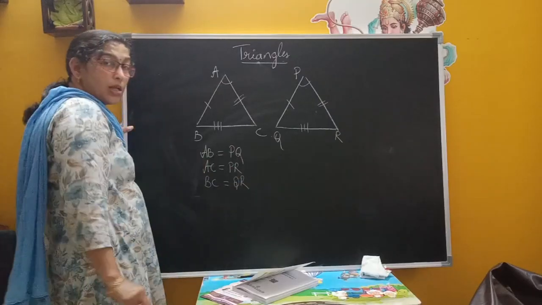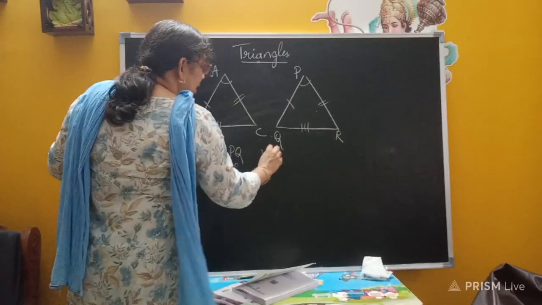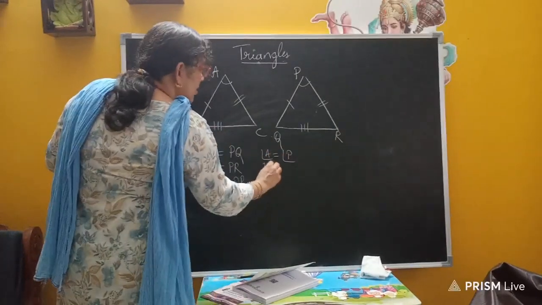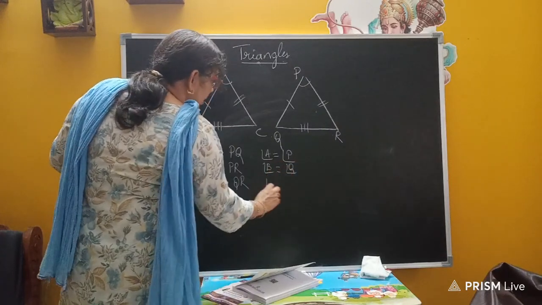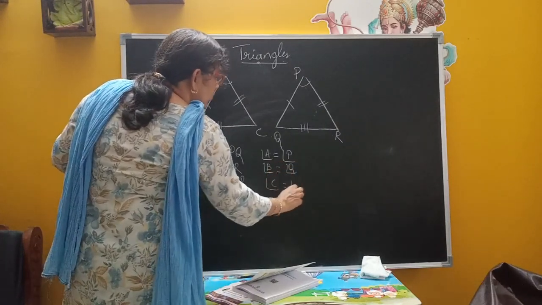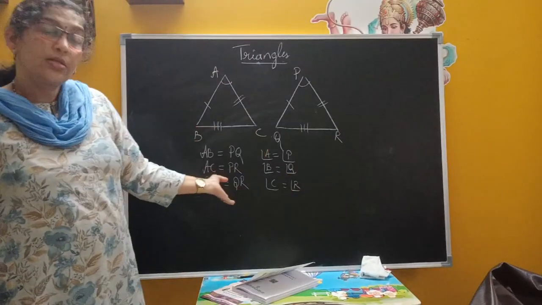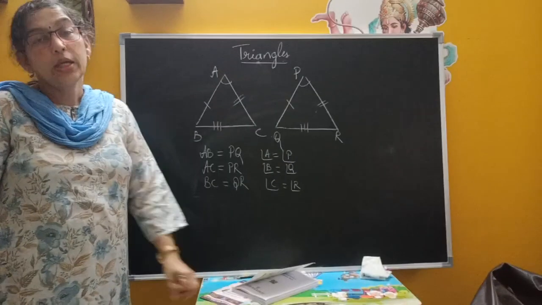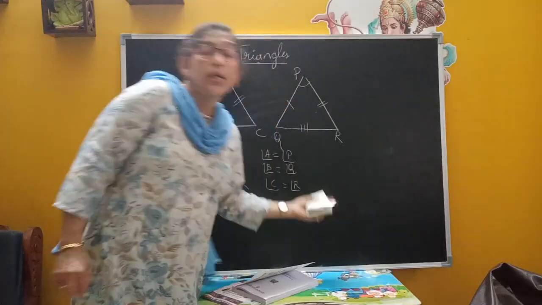And the other condition: the corresponding angles, angle A equals angle P, angle B equals angle Q, and angle C equals angle R. If these conditions are satisfied, we can say these two triangles are congruent to each other. So this is about congruent triangles.